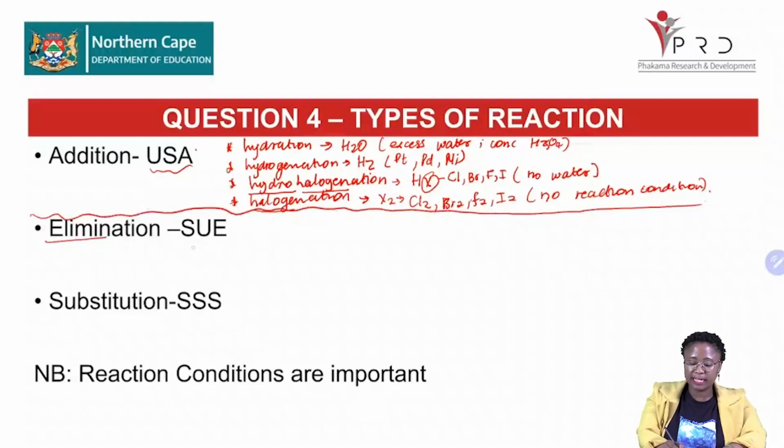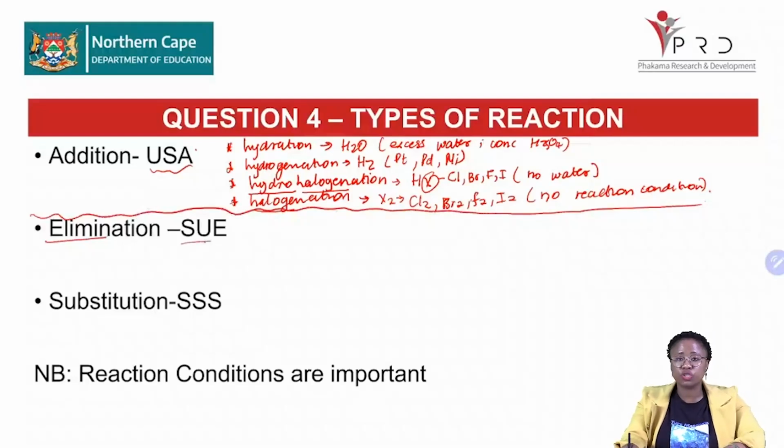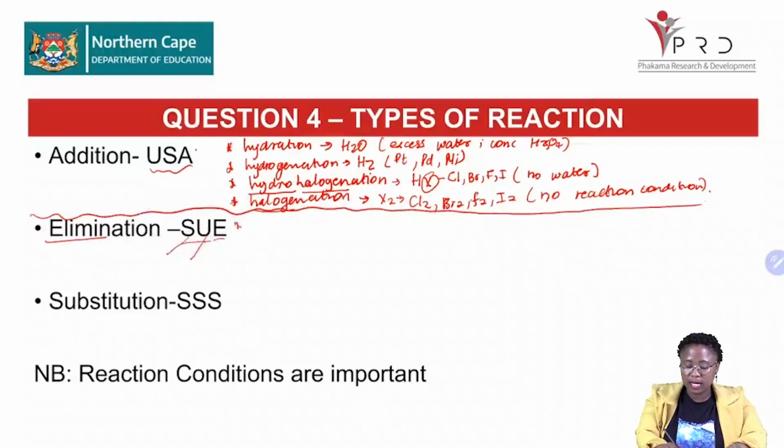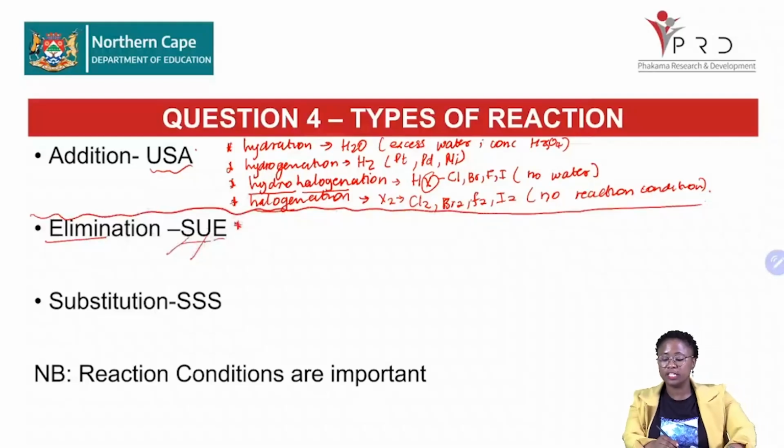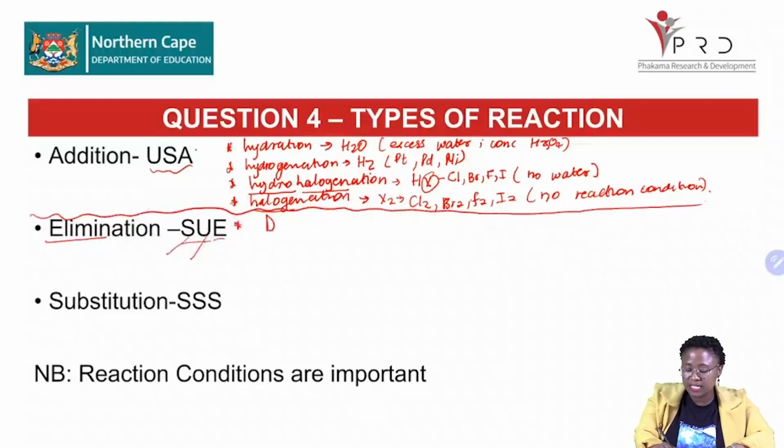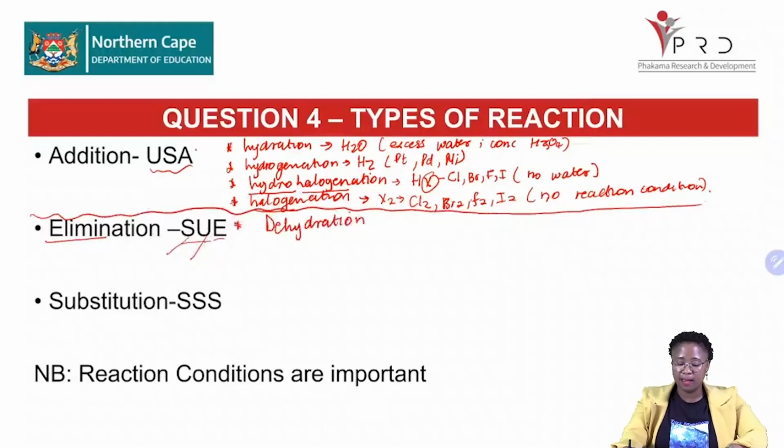Then remember under elimination, we said you use the SU abbreviation: a saturated reactant gives you an unsaturated product, so the type of reaction will be elimination. Now, what types of elimination reactions do I need to remember? I have dehydration. When I need water, that means I am dehydrated, so the process will be dehydration.